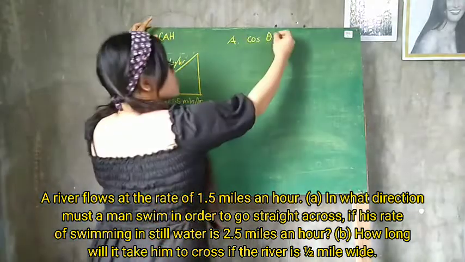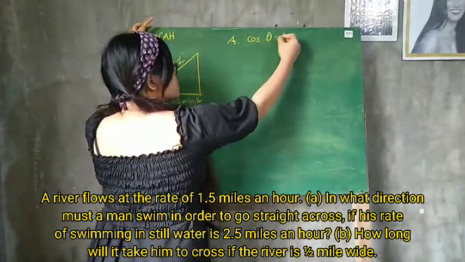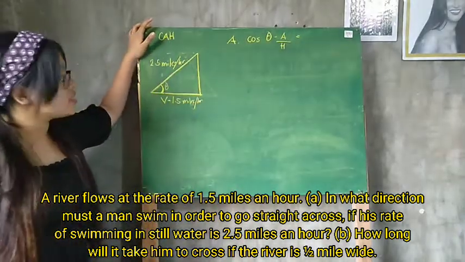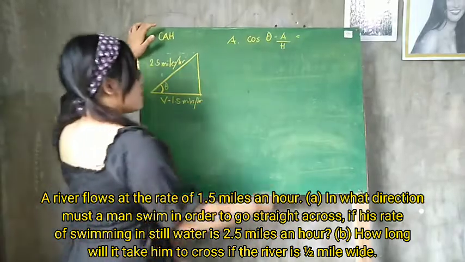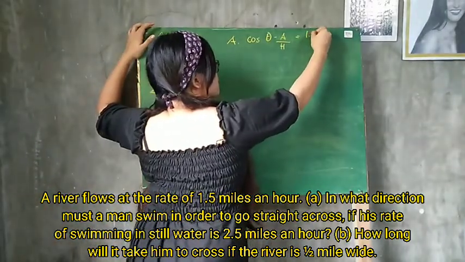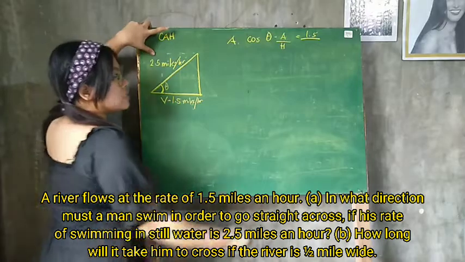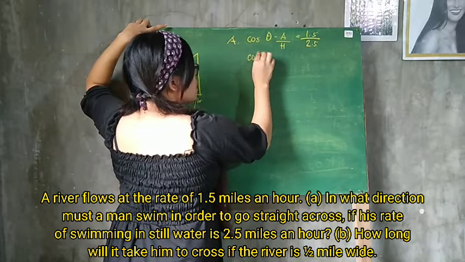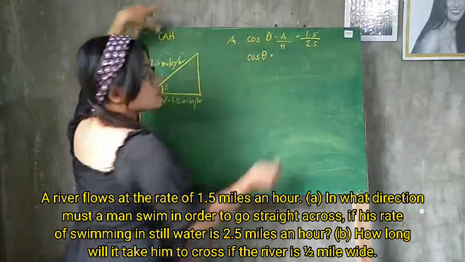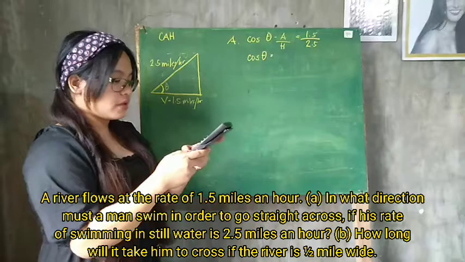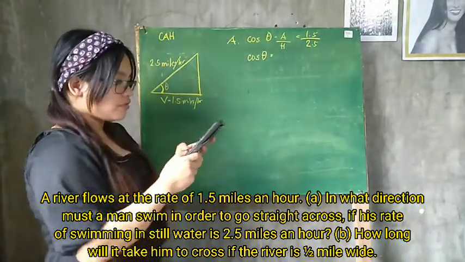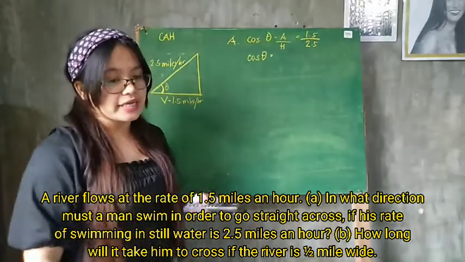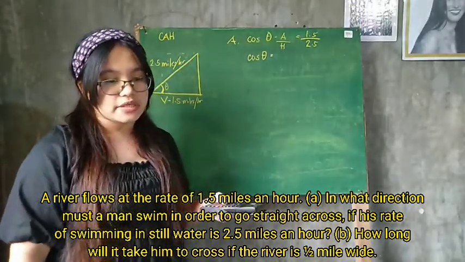Cos theta is equal to adjacent over hypotenuse, where our adjacent is 1.5 miles per hour and our hypotenuse is 2.5. If we divide 1.5 by 2.5, we have 0.6.